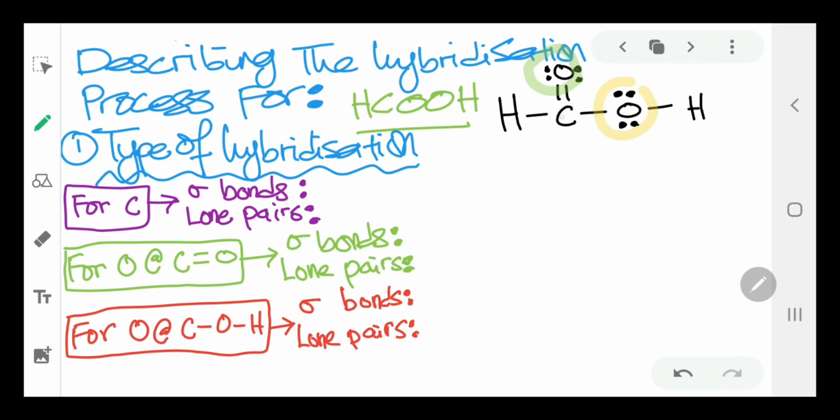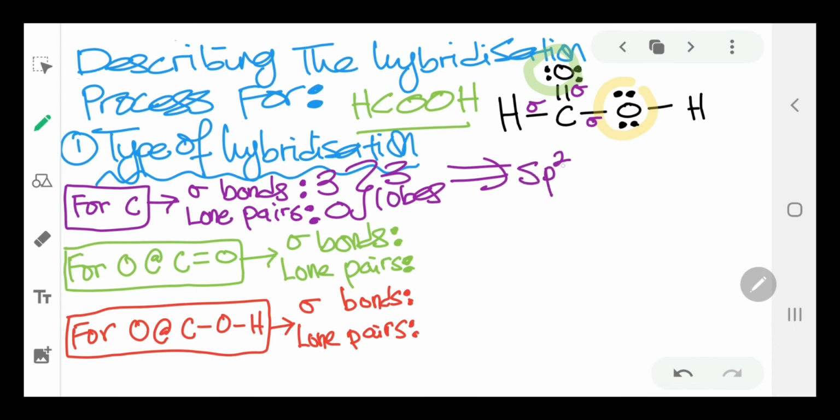At the carbon atom over here, you have 1, 2, and 3, okay, 3 sigma bonds, and obviously carbon does not have a lone pair. So in this case, you're going to have 3 lobes, and 3 lobes is sp2 hybrid orbitals, and therefore the shape of your carbon electron cloud or orbital is going to be like that.